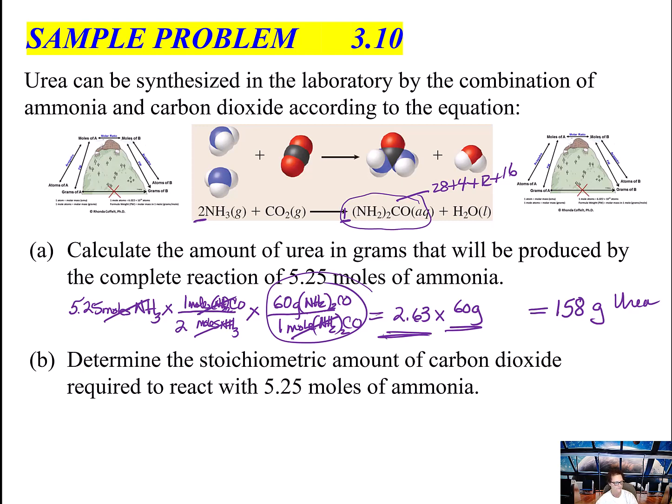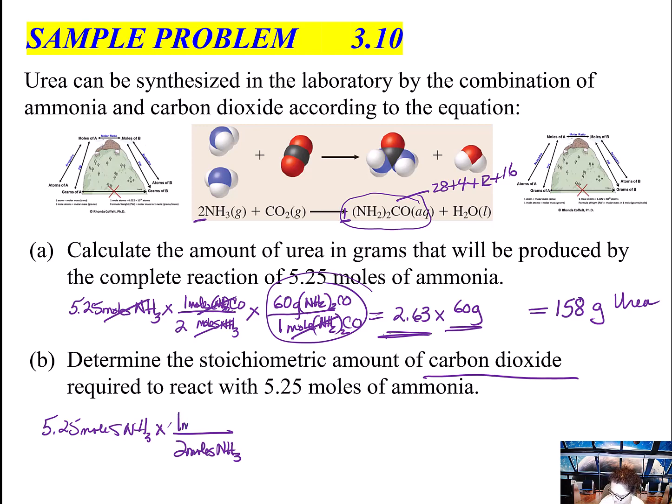Okay, let's do another one. All right, so determine the stoichiometric amount of carbon dioxide required to react with the 5.25 moles of ammonia. So I can do any of these things that are involved in this reaction. It doesn't matter. I can do the product, I can do something else, I can do the water, any of it. But so I still have the 5.25 moles of ammonia. But this time, there's 2 moles of ammonia because it's still in that same balanced chemical equation. But it's asking me how much carbon dioxide.